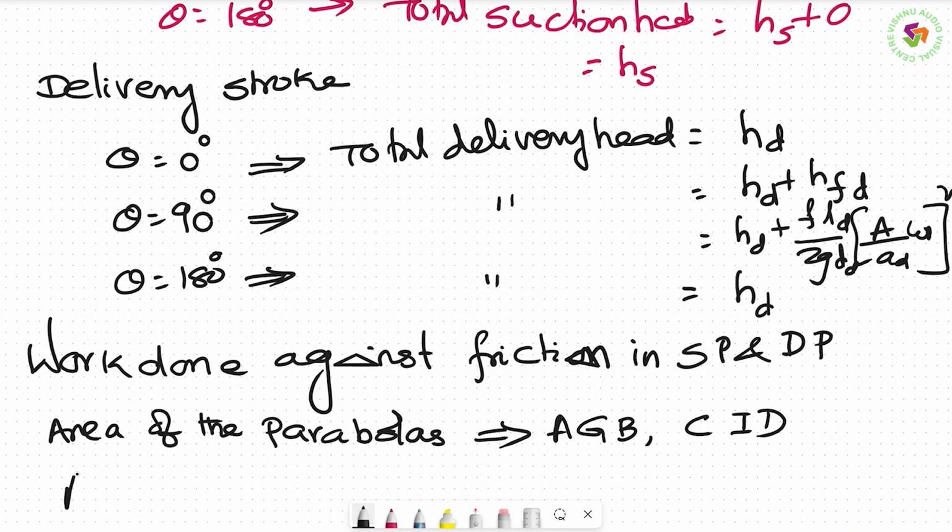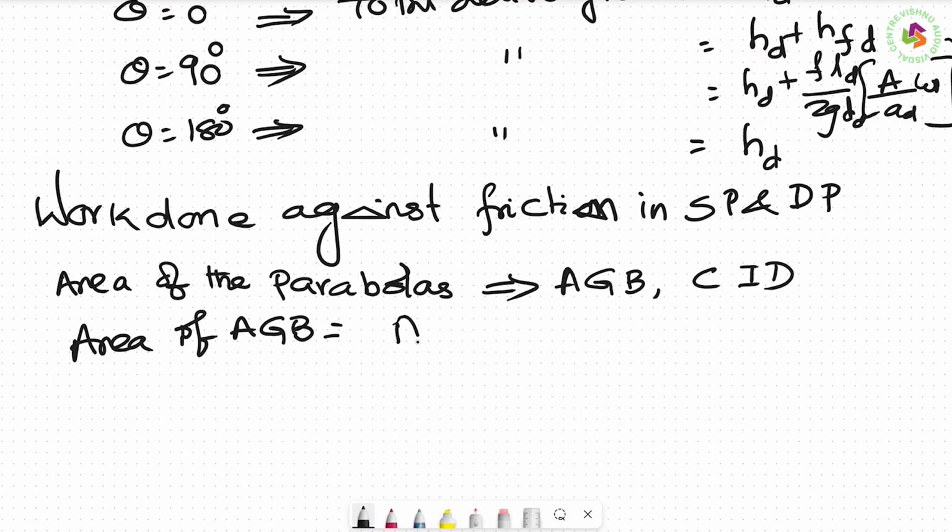So what is the area of AGB? It's a parabolic area. So naturally, base length AB into 2/3 of the altitude, that is GB.